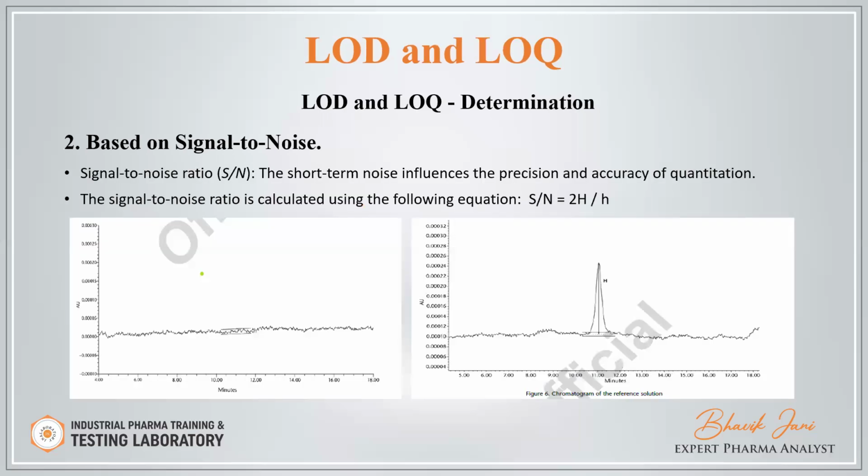The signal to noise ratio, how to calculate the signal to noise ratio. This image I have taken from the USP, where you have to calculate the signal to noise as 2h divided by small h. This image is explaining how to calculate the signal to noise ratio.